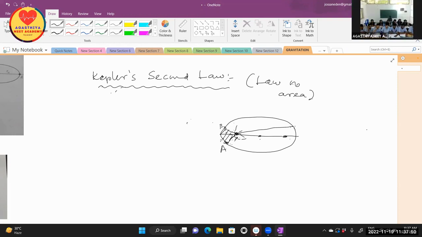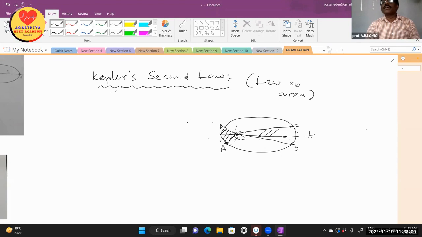Consider another point of that planet coming from C to D. To move the point from C to D, the time taken is, say, T. The area covered by the radius vector will be equal.